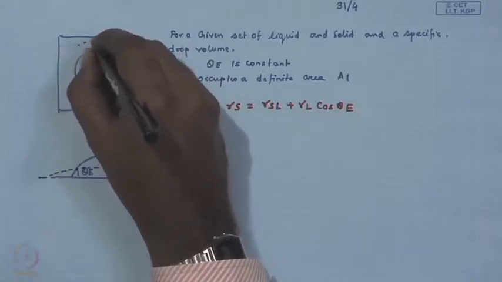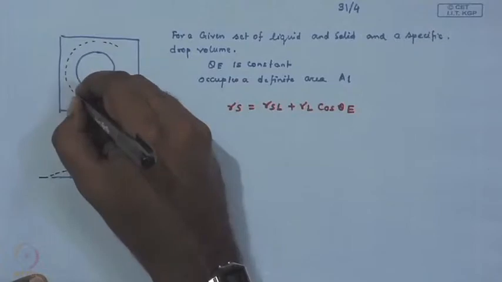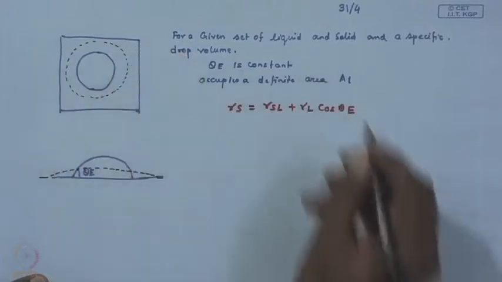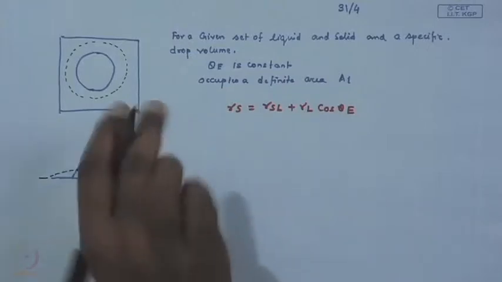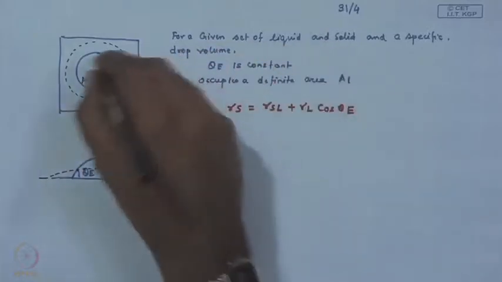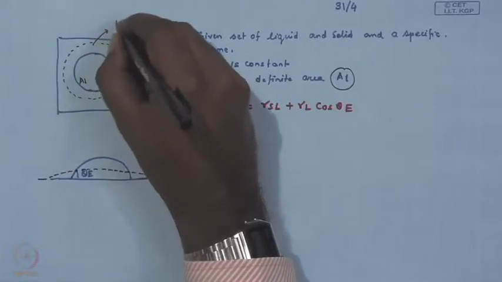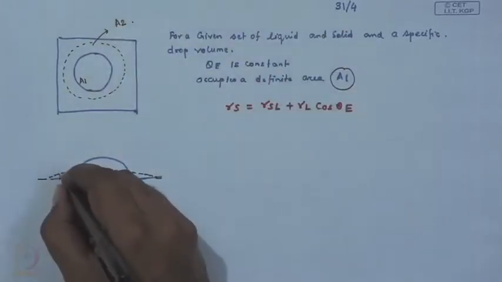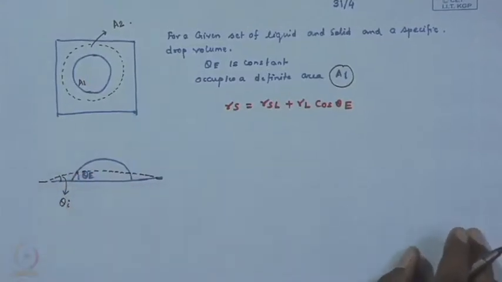So, let us say this is now the new projected geometry of the contact line of the spread out drop. The initial area was A1. Now, after spreading, let us say it is occupying an area of A2, and it is making an intrinsic contact angle of theta I.